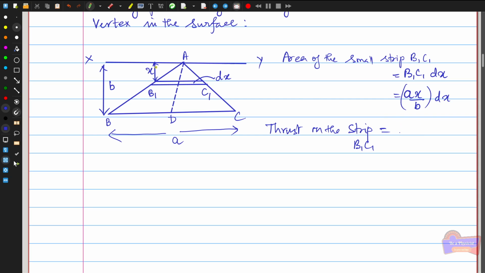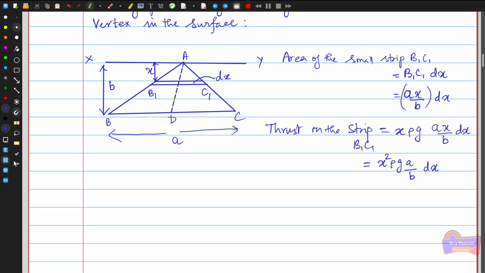The height is nothing but the distance x, so it is x into rho into g into the area, that is a x divided by b into dx. I can rewrite this as x squared rho g a divided by b into dx. So this is the thrust on the strip B1 C1 due to the liquid above the B1 C1 strip.